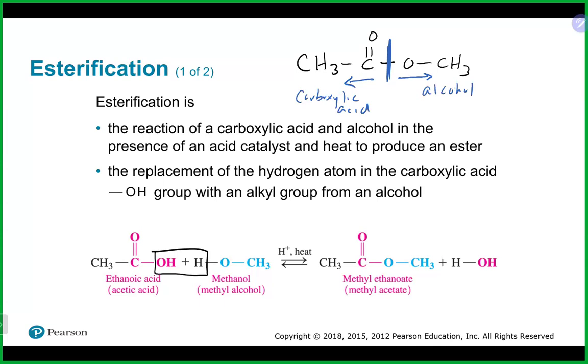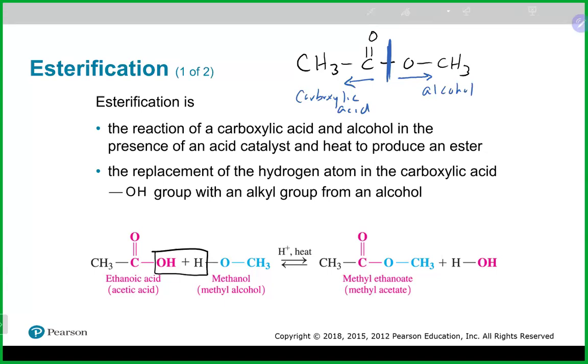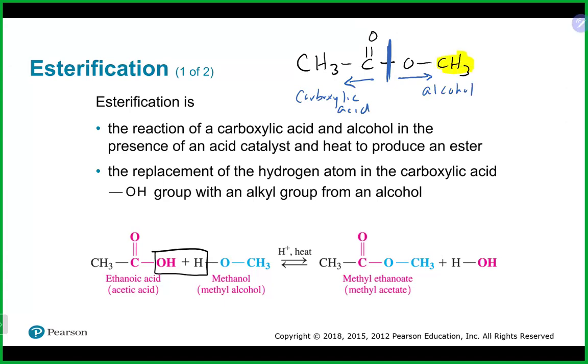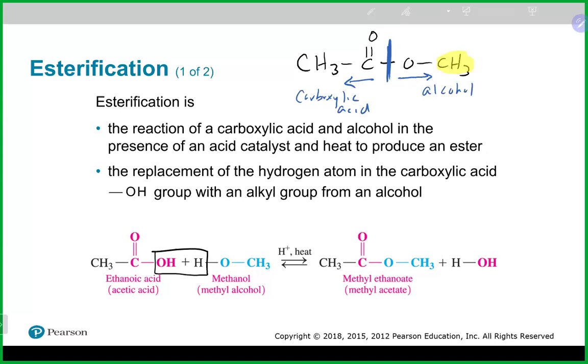So we really have these two parts to an ester, and that's important for how we name it. The alcohol part is named as a group name. For example, if we look at the alcohol part, which is over here on the right, the only carbon we have is one carbon, and we would call one carbon group a methyl group.